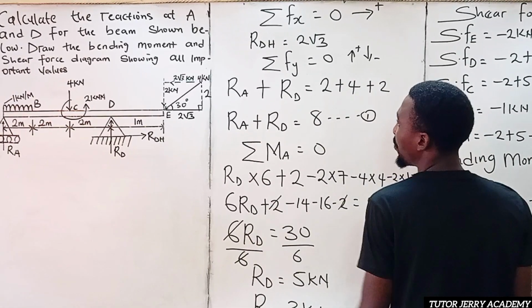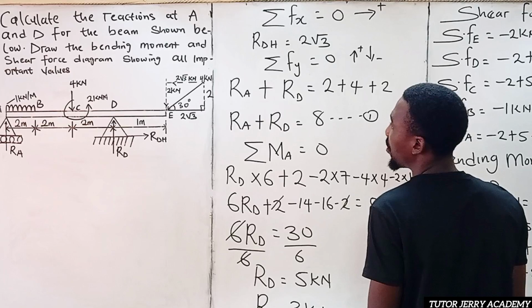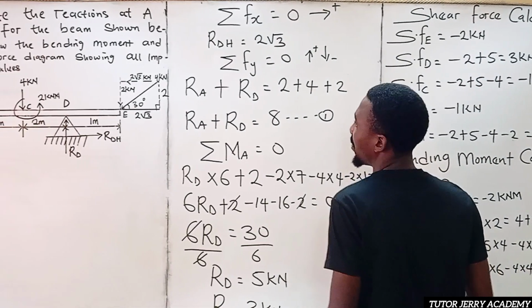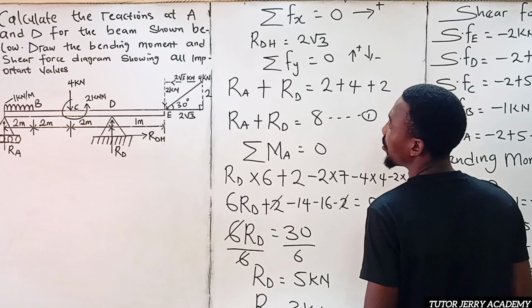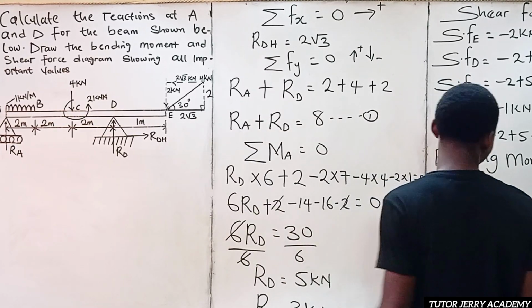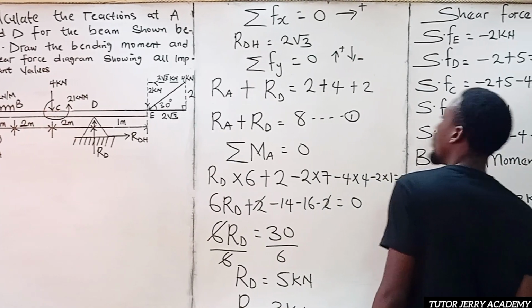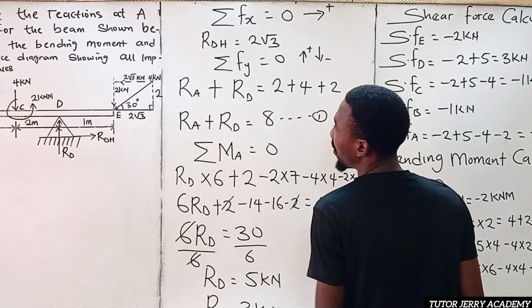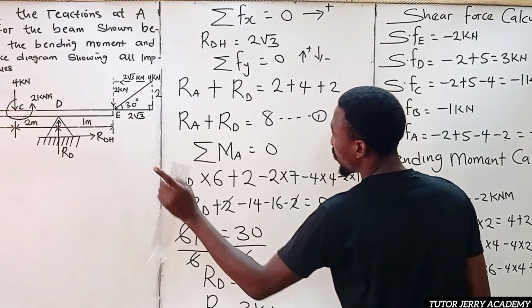All right, then we have a downward force, that is minus 4 times 4. Then we have this anti-clockwise moment plus 2. Then I will now have the uniformly distributed load to point A, that is minus 2 times 1.